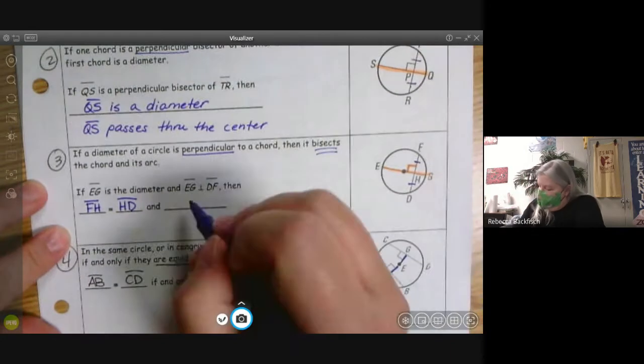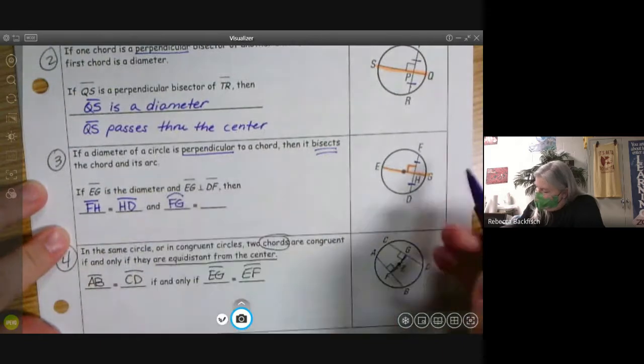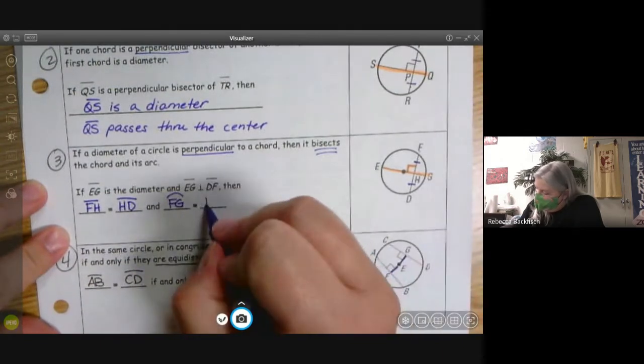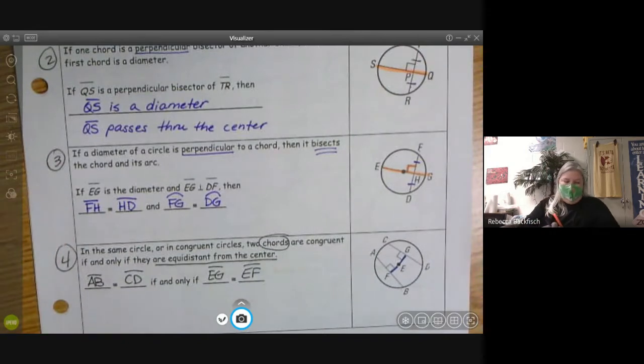Arc FG, arc F to G, would be congruent to arc D to G. It's really not an obvious second step. It actually takes a little bit of doing to get there. But it is always true.